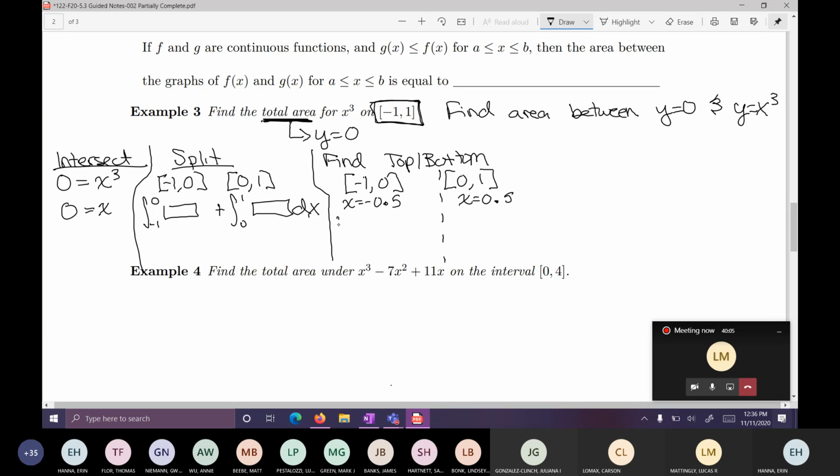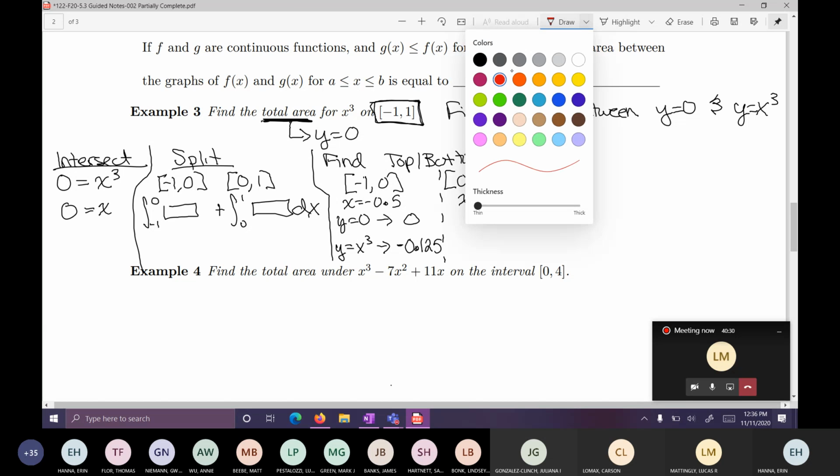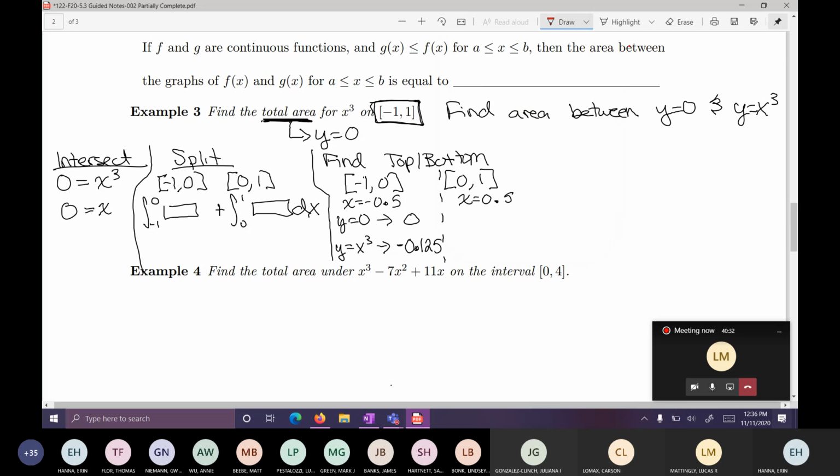So we're working with y = 0. Well, there's nowhere to plug anything in there, so we just get 0. If we plug negative 1/2 into x cubed, we're going to get negative 0.125, or negative 1/8 if you prefer. Which number is larger? 0.